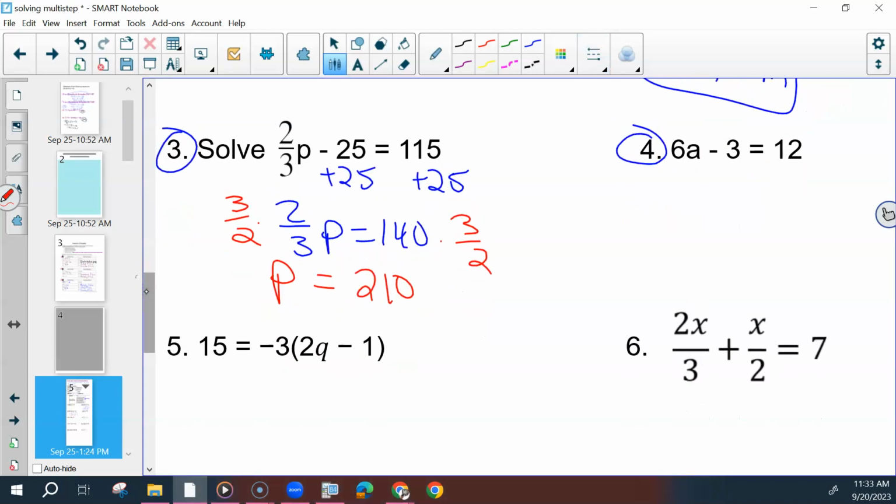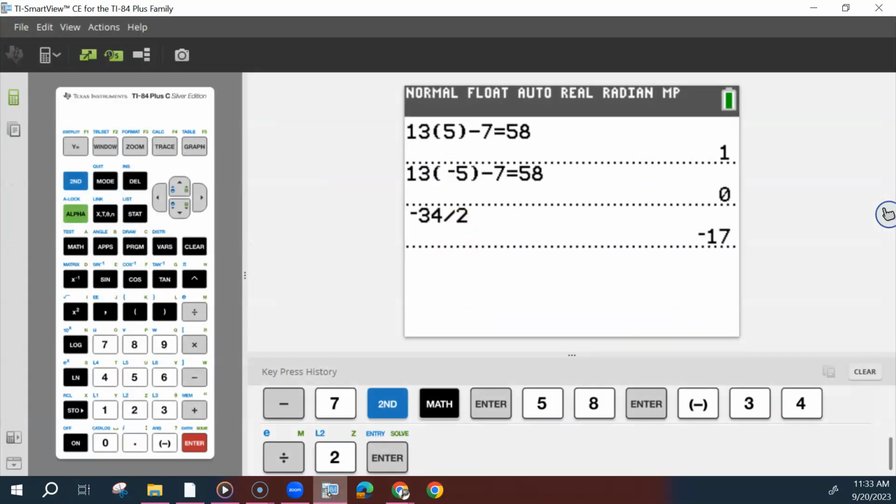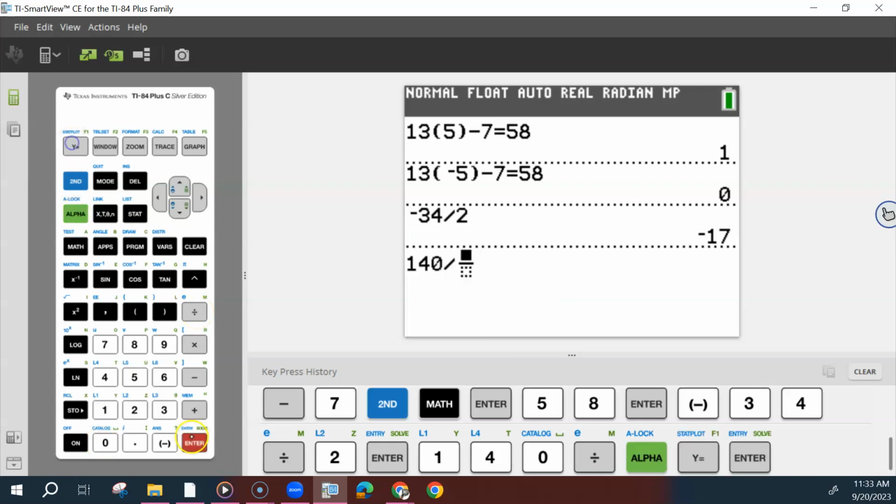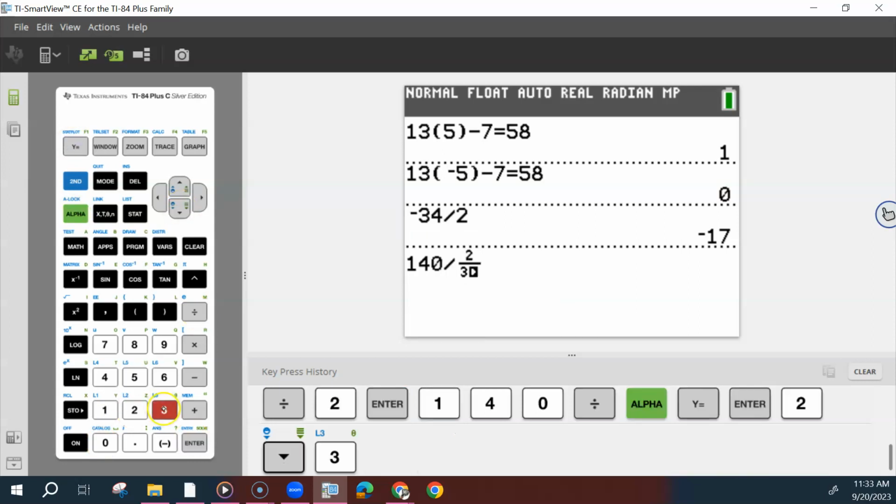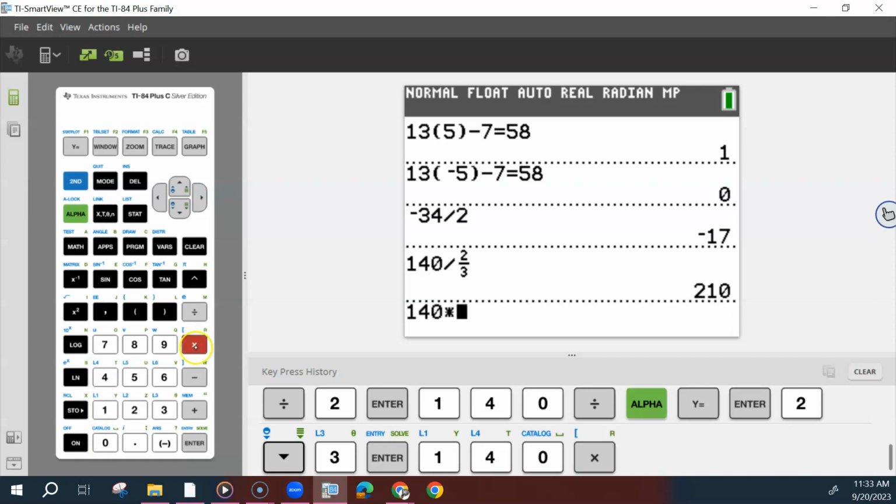Right? So now I'm going to show why this works on a calculator. If we had divided, we would have had to make sure it was in the fraction format. Usually when we divide, we get a smaller number, but this one gave us a bigger number, which means what the calculator actually did was multiply.